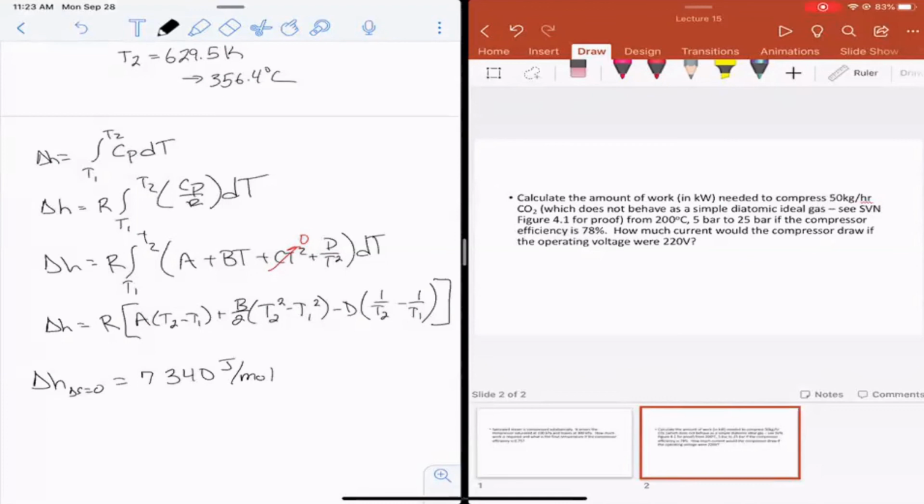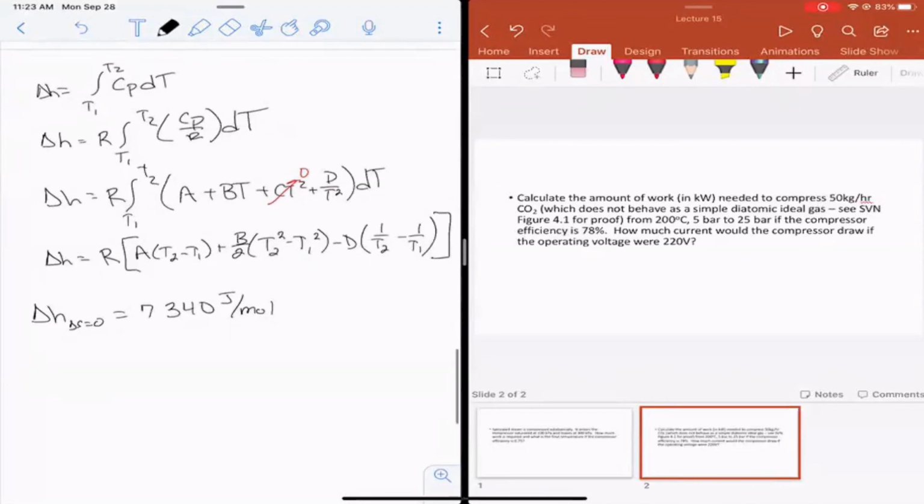And so we can calculate the work when delta S is equal to 0, which was just equal to m dot delta H. That's equal to 30 kilograms per hour times 7340 joules per mole.